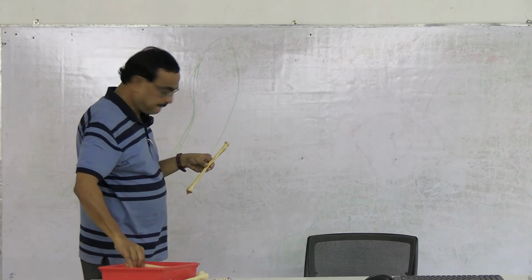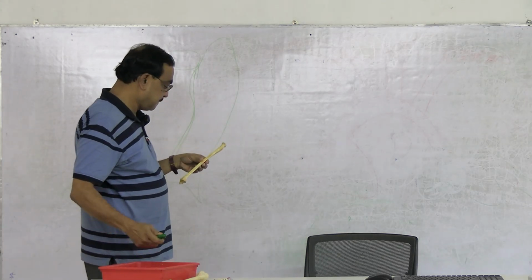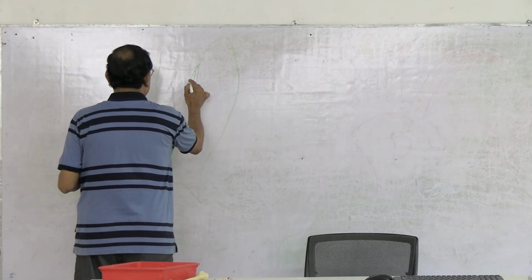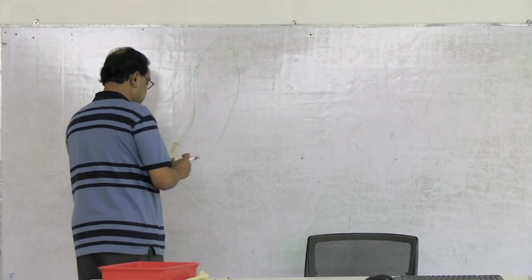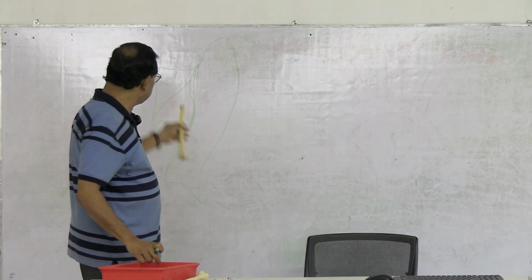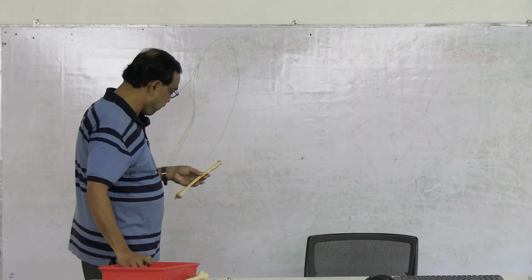And this is the oblique line, posterior oblique line or posterior border.